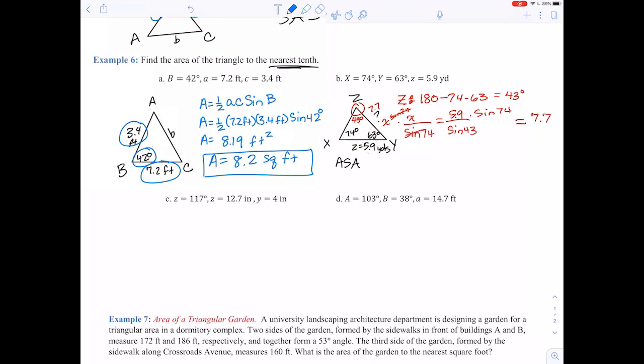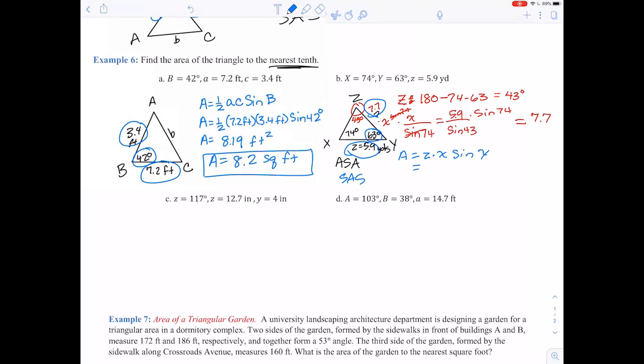Now I'm going to grab my blue pen. I have side, angle, side. Because I have side, angle, side in blue here, I can now use my formula that says the area of triangle XYZ would be Z times X times the sine of Y. There's my side, angle, side.